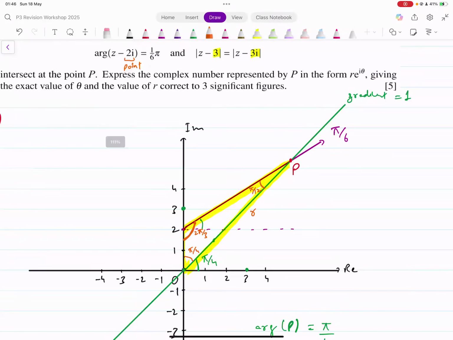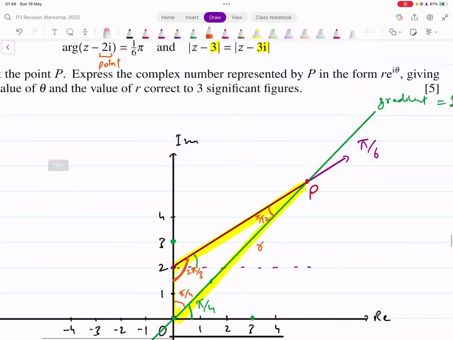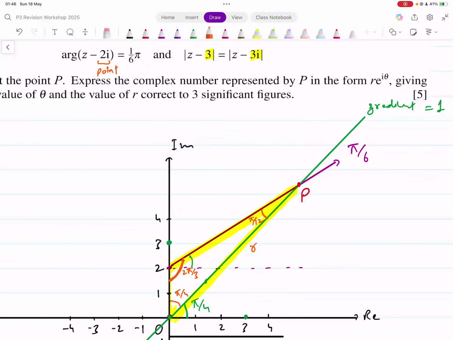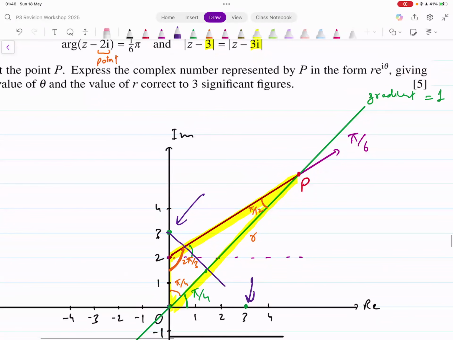When we draw these loci, you have this 3 here, the other is 3 iota. You mark those two points. You've got this point 3 here, this point 3 iota here. When you draw the perpendicular bisector of this, it's going to be the y equals x line. It has to pass through the origin. If you don't draw this accurately, you will not be able to do the second part.